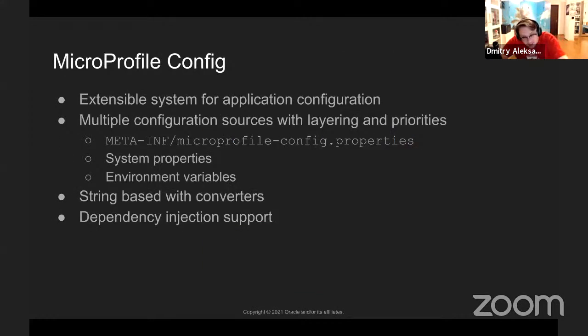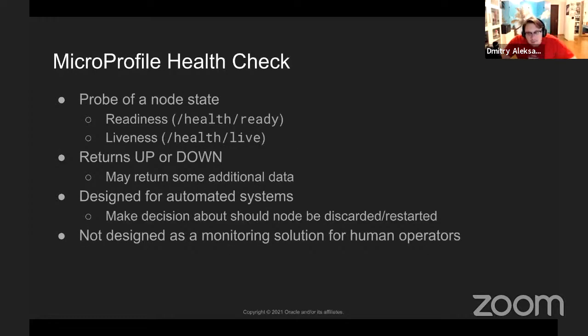So what will you get actually out of the box? You'll get MicroProfile config, so you configure your application in a standard way. That means you can port any of your MicroProfile applications to Helidon without actually changing anything. It's just a standard way of doing things. It has standard health checks, so when you run your app, it will be out of the box there.